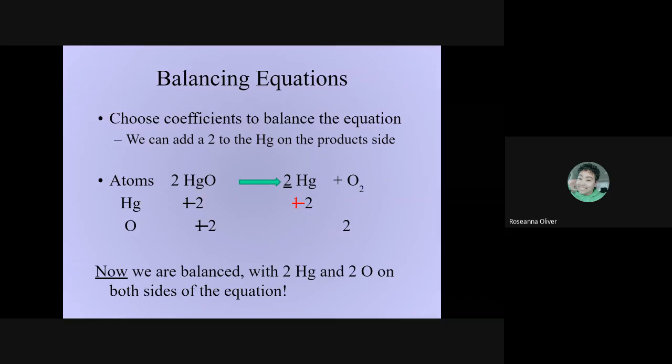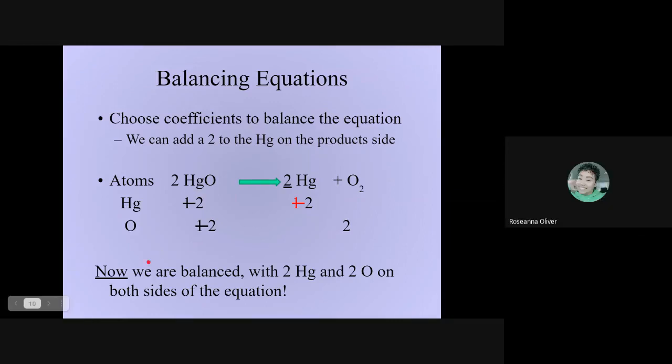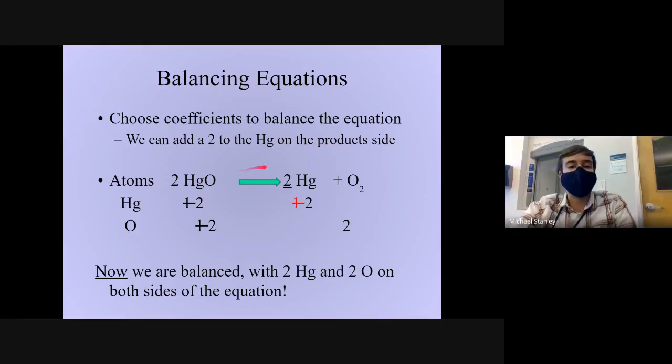So I do have a question. Yeah. So did you essentially just add the one that was next to the HG and then the one that was below it to make it that 2? Essentially, yeah. So like with this guy, when we added the 2 here, that made this go from there being 1 HGO to 2 HGOs.